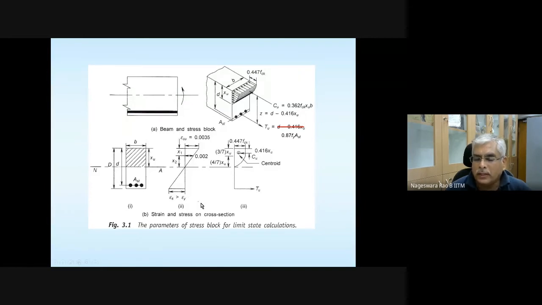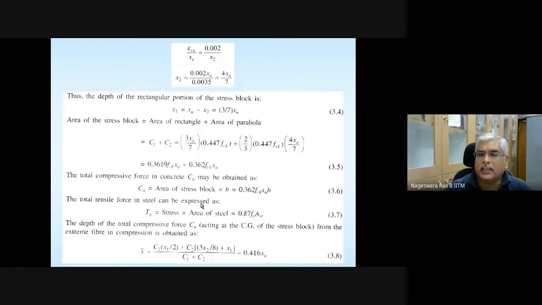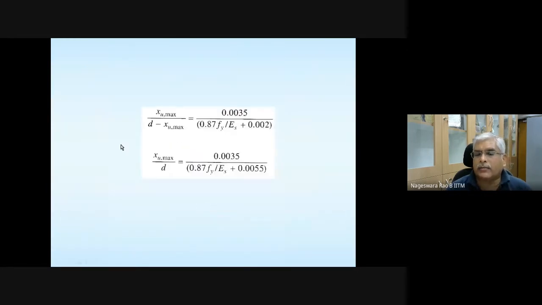Okay. So whatever I just mentioned, if you rearrange it, you are going to get that one here. Xu divided by d minus Xu is going to be 0.0035 divided by this value, 0.87 Fy by Es plus 0.002.